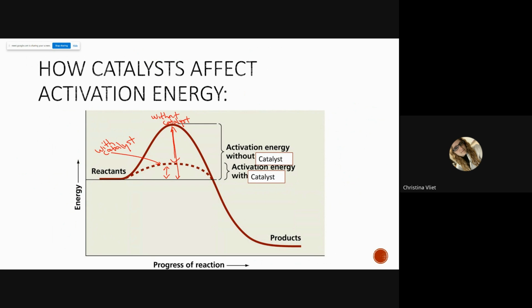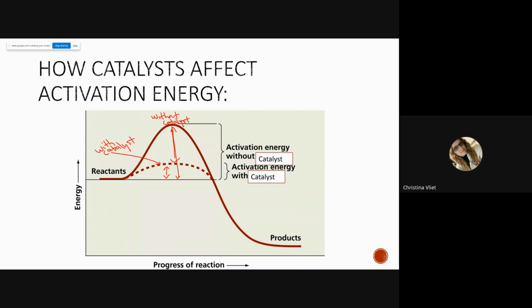No. That is something held for the A-level discussion, where we go over the steps of how that actually happens. But here you just have to know, okay, without a catalyst, the amount of energy I need is that much. With a catalyst, the amount of energy I need is that much. So a lot less energy is needed for the reaction to occur.